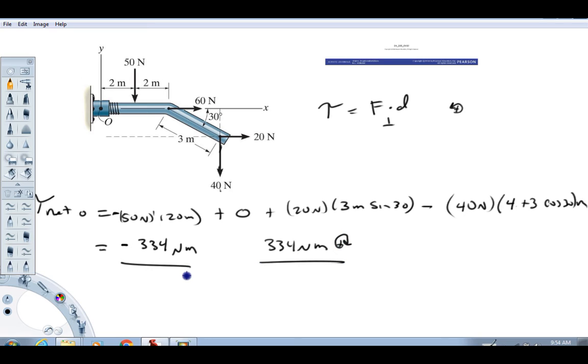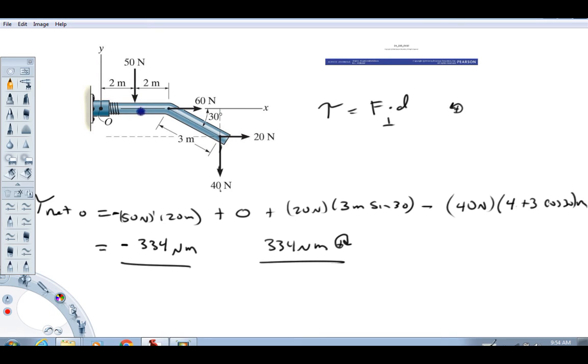So again, the purpose of this video was how to calculate torque about a point using the scalar formulation of torque. Torque is force times distance. You just have to make sure that the force you use makes a right angle to the distance. This force makes a right angle to this distance, no problem there.